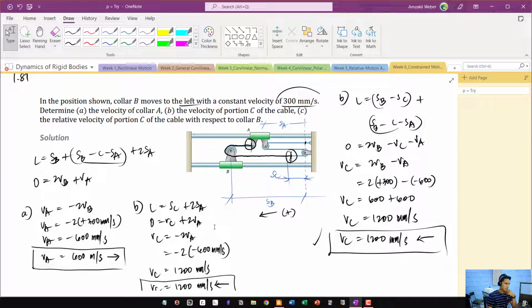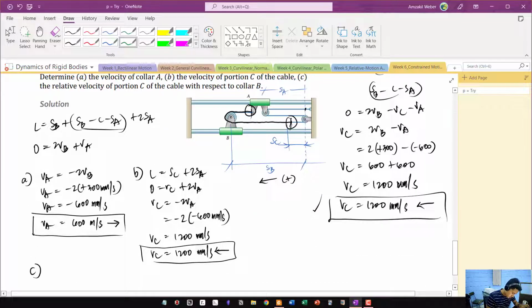The follow-up question is still on C, but this time the relative velocity of portion C with respect to B. So actually, the positions that we're going to use relate B and C. As you notice here, this position is not absolute because the two endpoints are moving.